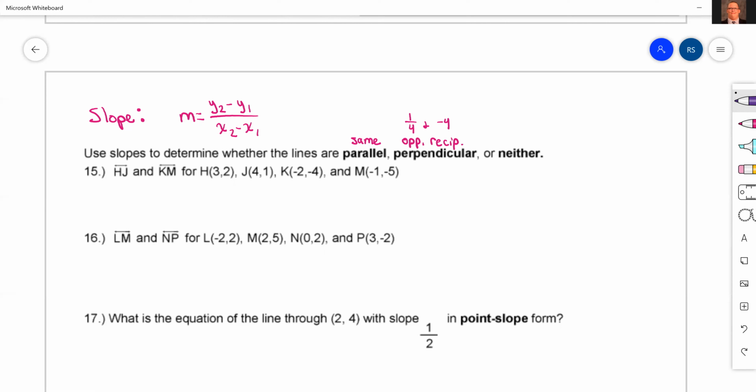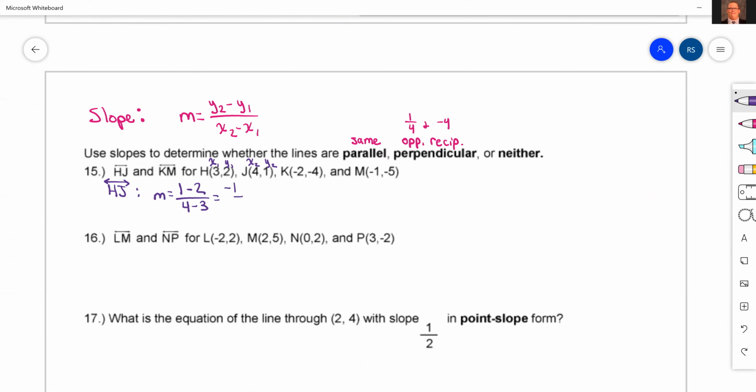Okay, so they ask us about HJ. Let's label our points. X1, Y1, X2, Y2, and find the slope. So Y2 minus Y1 over X2 minus X1.